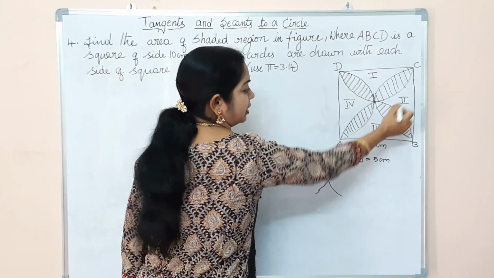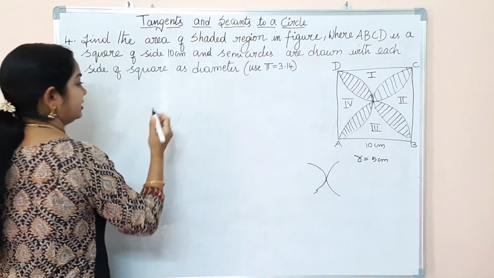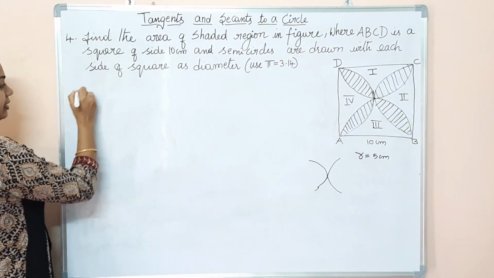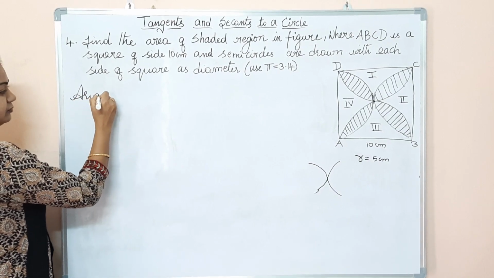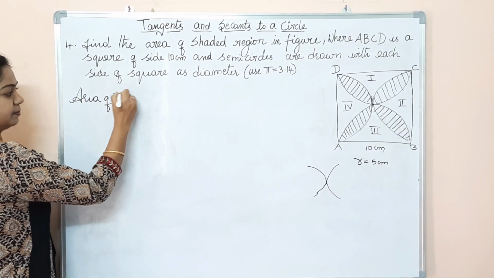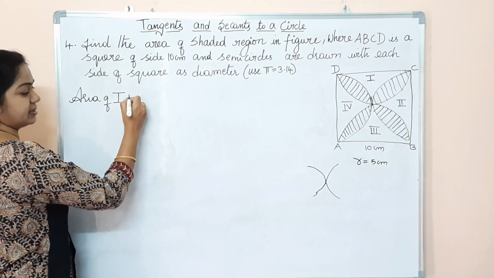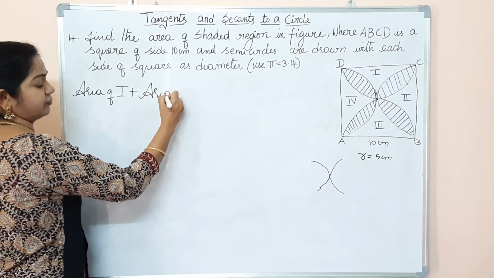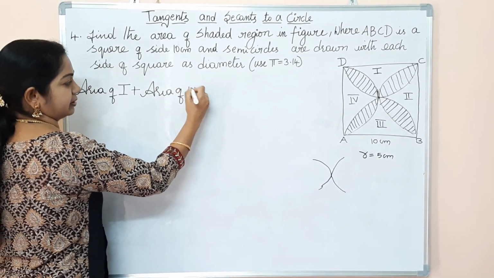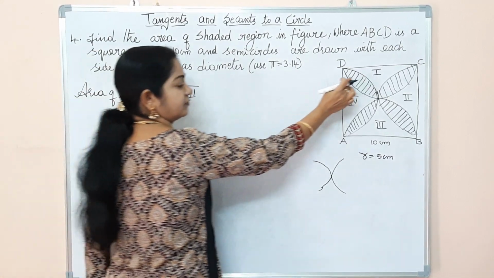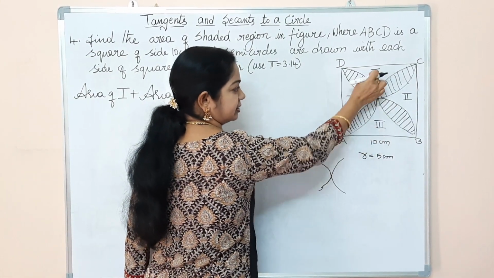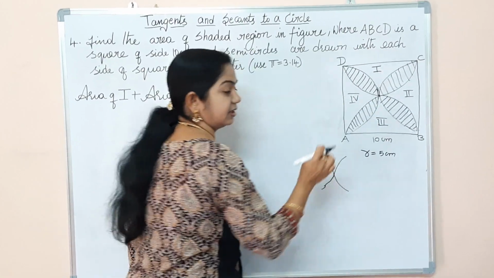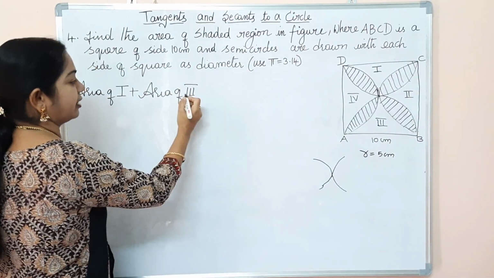So I have mentioned 1, 2, 3, 4 so that we can easily solve. Now we'll find out the area of part 1 plus the area of third part. So first I'll find out first and third, next second and fourth. The unshaded part I am finding out.